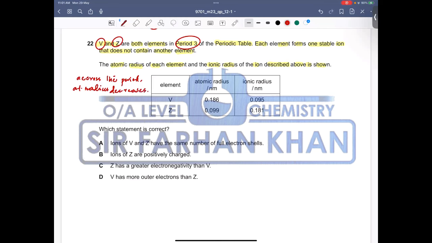Second thing, if the size of the ion is smaller than that of the neutral element, which means it must be a cation.